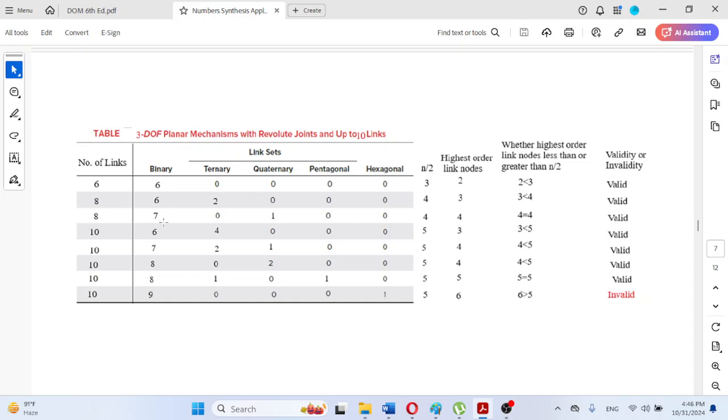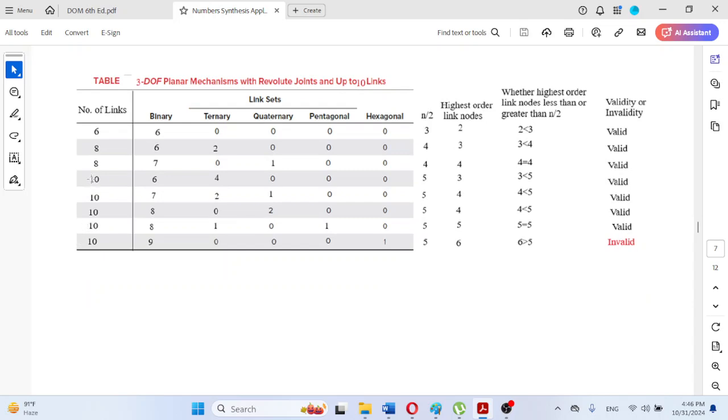Again, in this third set the highest order link is the quaternary link, which has 4 nodes, and here 4 is equal to 4. This is also valid, because the highest order nodes must be less than or equal to the half of the count of the total number of links, so this is also a valid set.